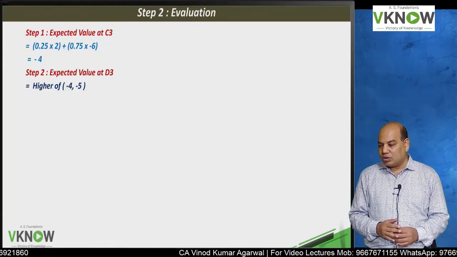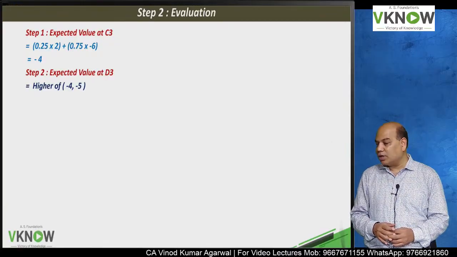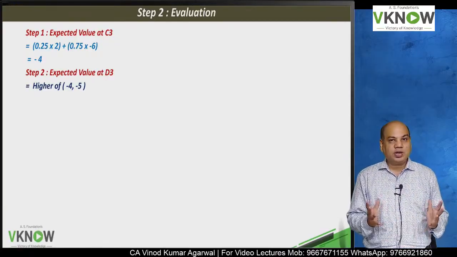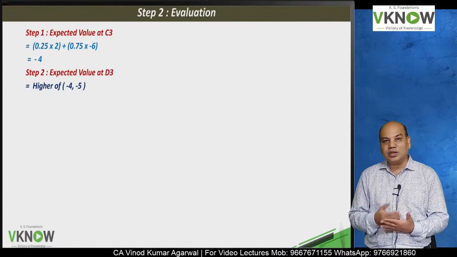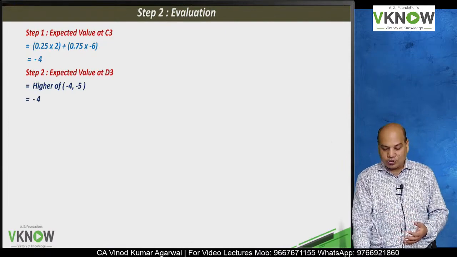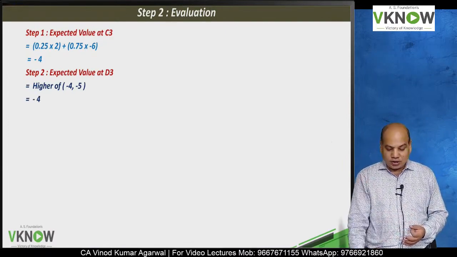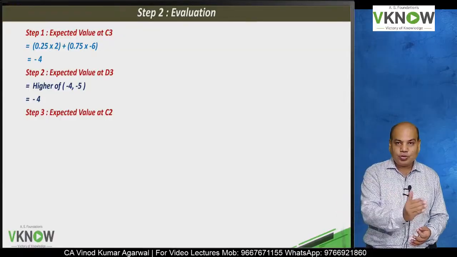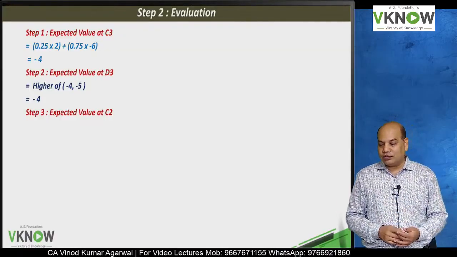So what is your answer? Minus 4 is higher or minus 5 is higher? Which is the bigger number? Today I will test your mathematics. Minus 4 is a higher number. Very good. Now next is, go to C2 now.